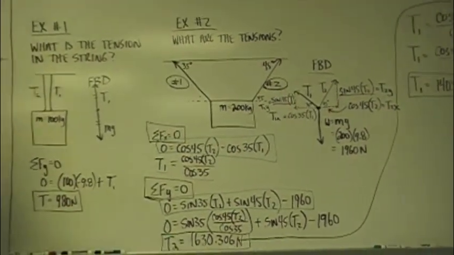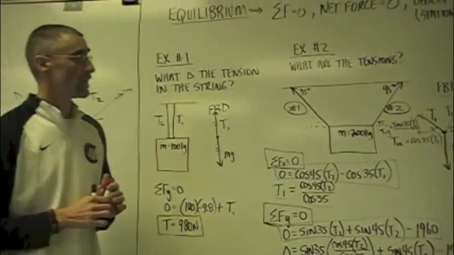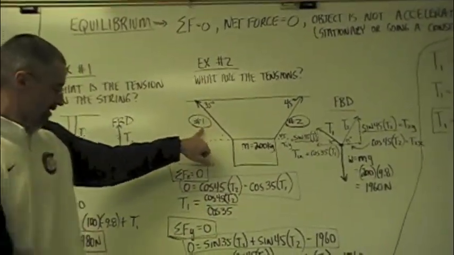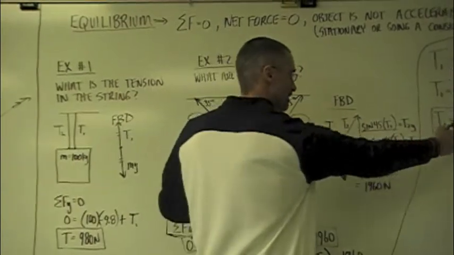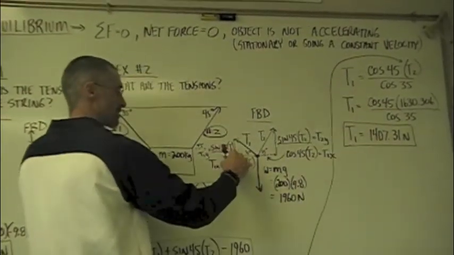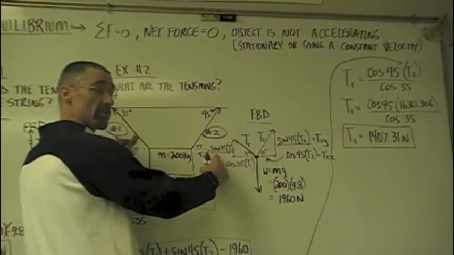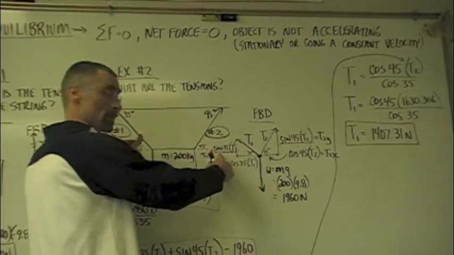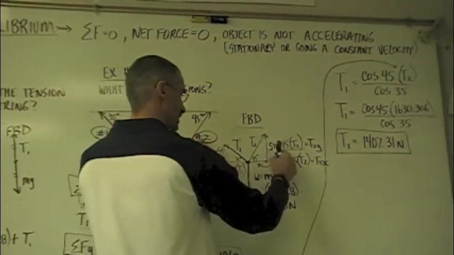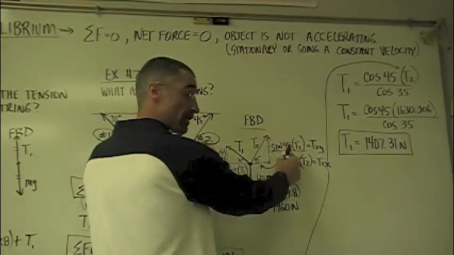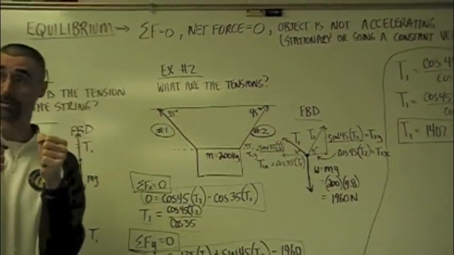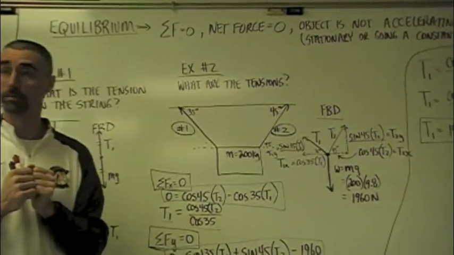Okay? Now, a good way to check this is, guys, since T1 is this, if I take that times the sine of 35, and I take this value times the sine of 45, and I add those two things together, I better get what?